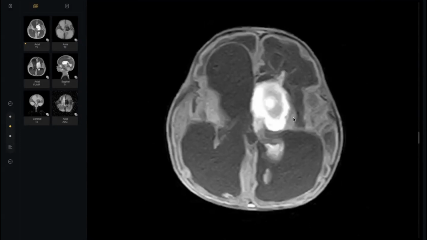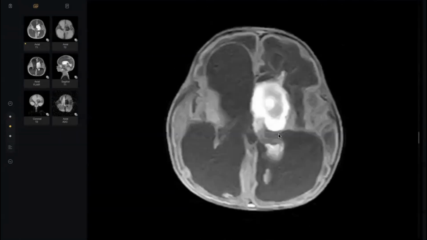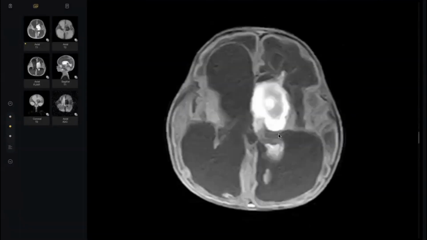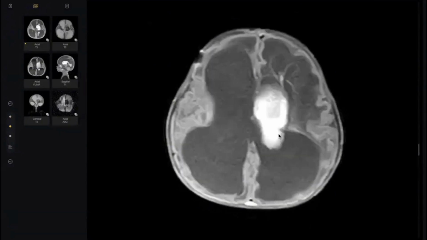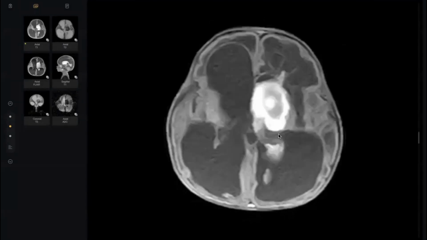Is this a FLAIR sequence or T1? T1. Not contrast. T1. I can see a bright, lobulated, hyperintense lesion which is attached with the interventricular septum.